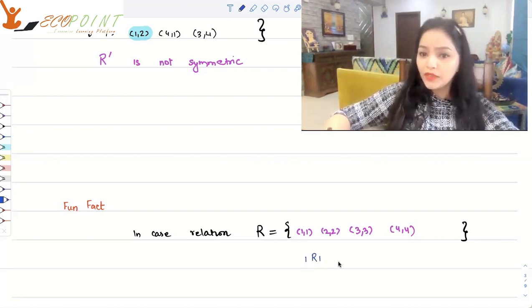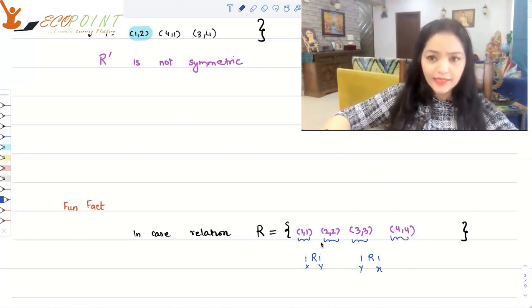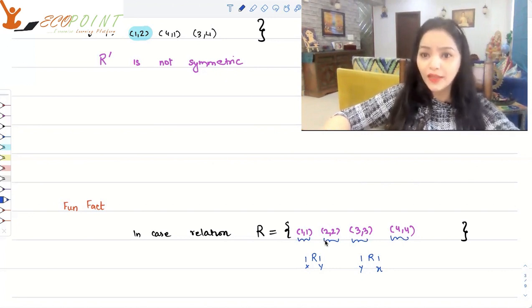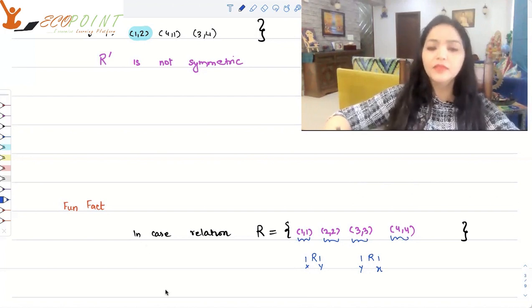And since both the entries are 1, I can say 1 is related to 1, and this behaves like xRy, and this behaves like yRx. The same thing happens with (2,2), (3,3), (4,4). So if I consider each of them as the general form xRy, I do have yRx as well, because that's the ordered pair itself. So yes, this relation is symmetric.